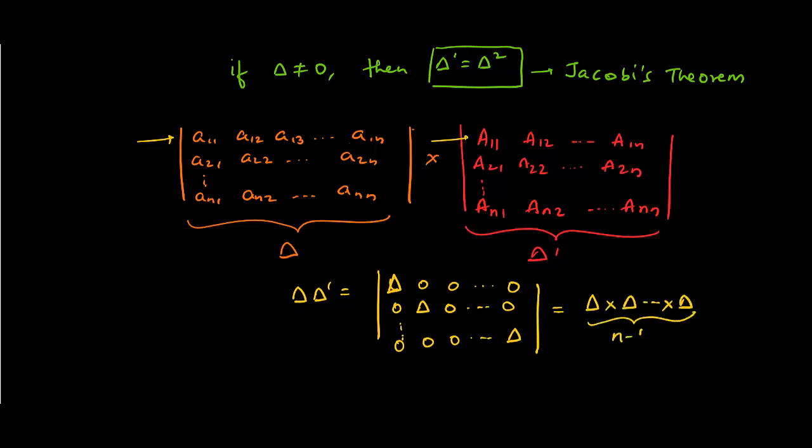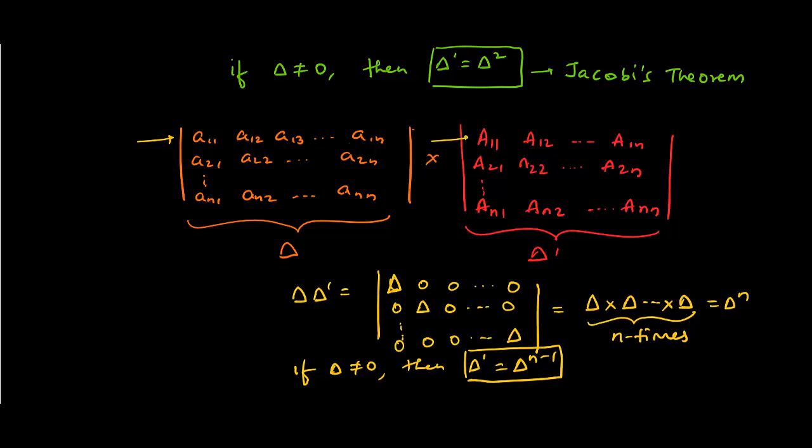And this is the same as delta to the power n. And again, if delta is not equal to 0, then delta dash will be equal to delta to the power n minus 1. This is the generalization of this result.